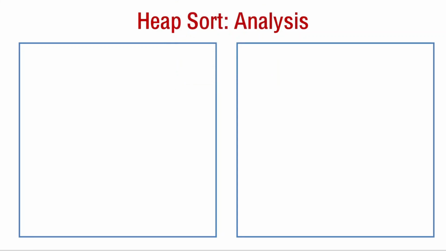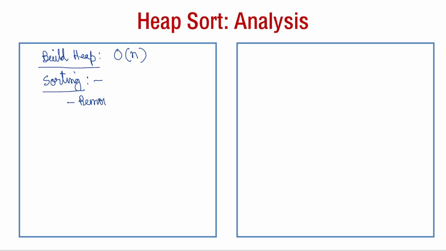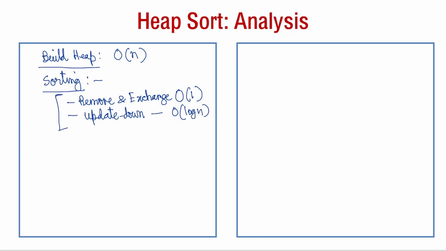If we look at the algorithm, build heap is order n, and sorting consists of remove and exchange, which is order 1, and then update down, which is order log n, and this is done order n times.